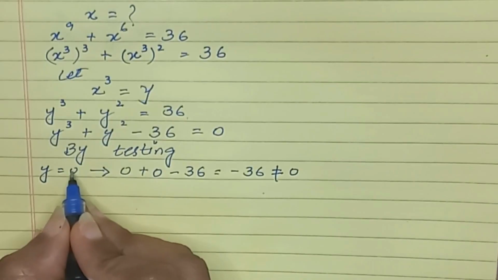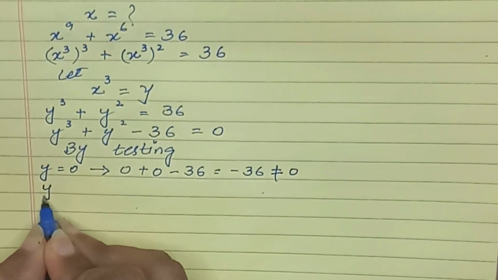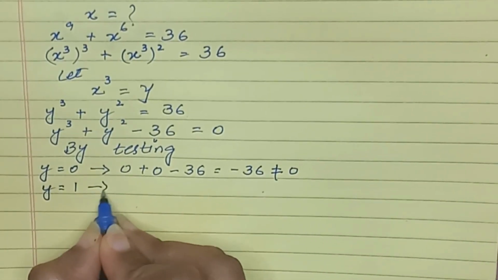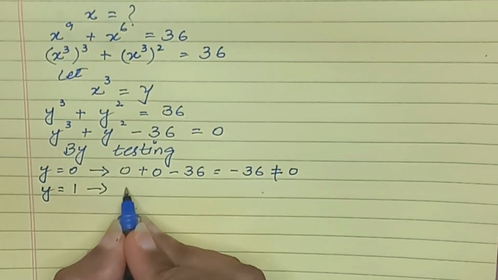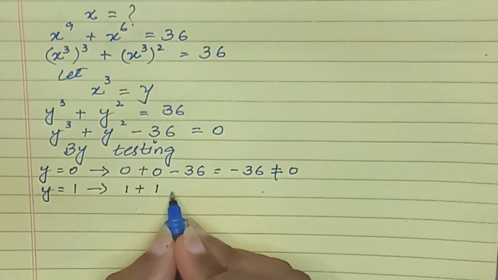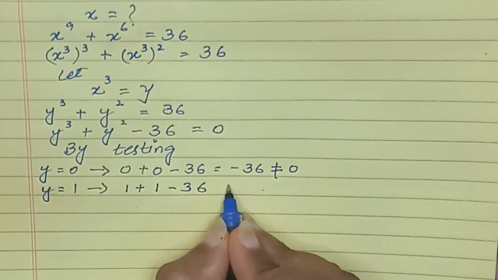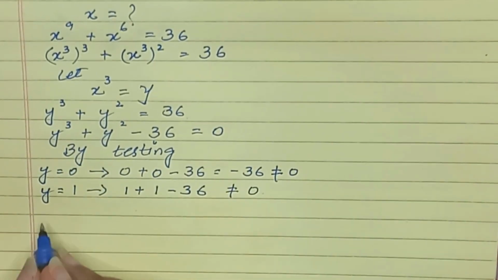Next we put y equal to 1: 1 cubed is 1 and 1 squared is 1, minus 36, which is also not equal to 0.